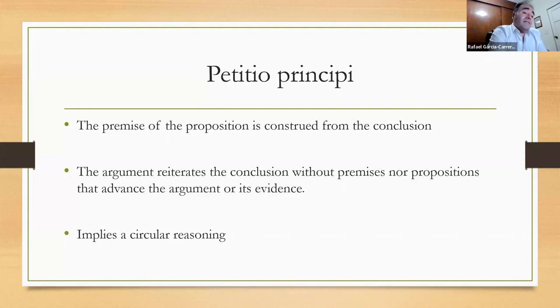Well, what this means is that the premises, or each of the arguments and reasonings contained, cannot be construed from the conclusion all the way up to the premises, because that will mean that the premises are going to be false. And that will imply that this is circular reasoning, as the premise is going to be linked in such a way to the conclusion of the reasoning that you're presenting that you are not going to be able to present a logical concurrence of the facts and the arguments that may go all the way to that conclusion.